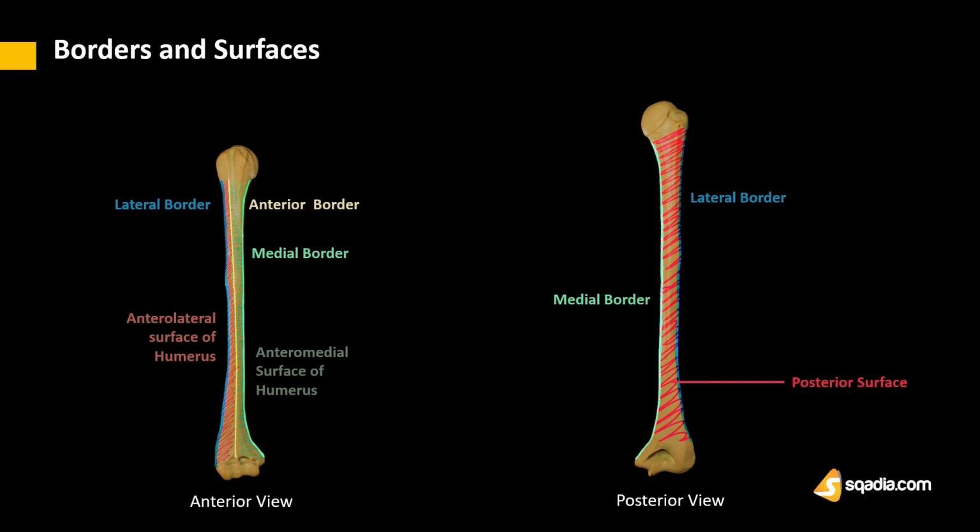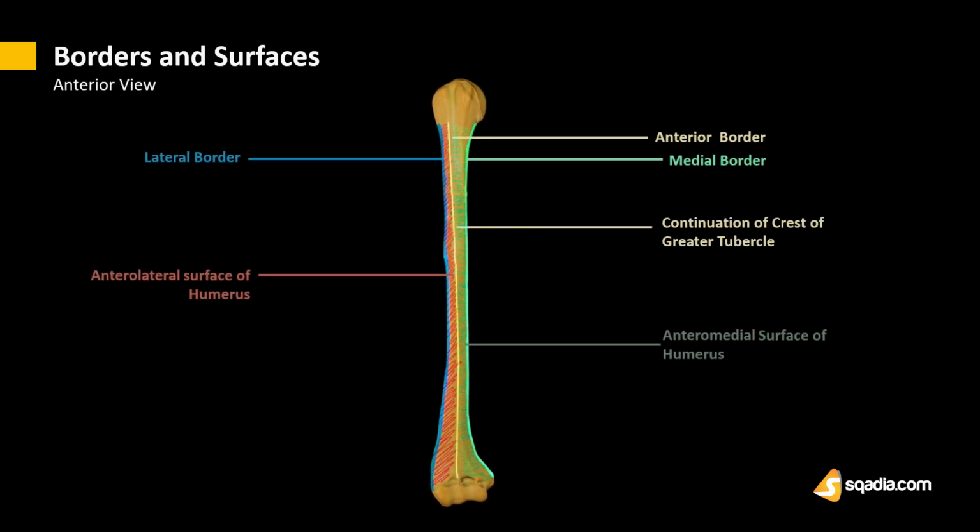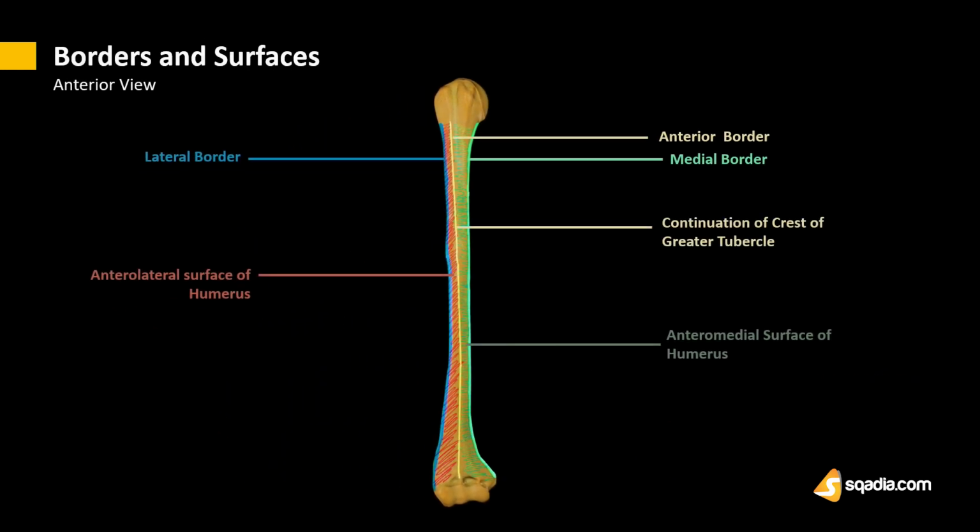To identify these surfaces, you must remember this line, which is drawn as a continuation of the crest of the greater tubercle, and it also marks the anterior border.